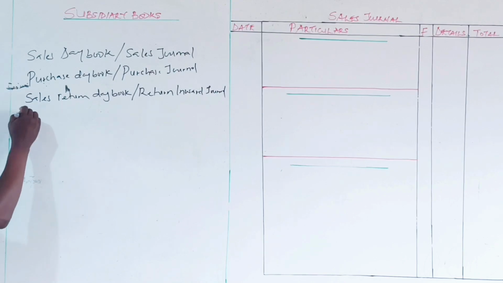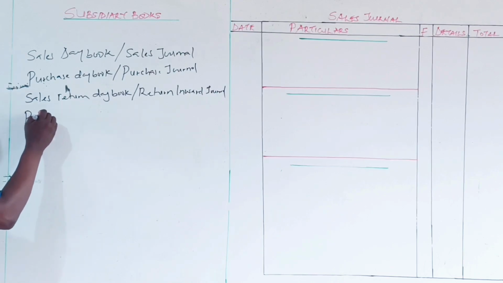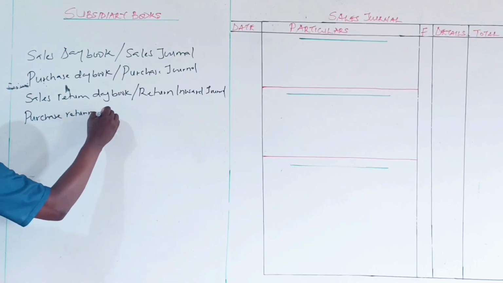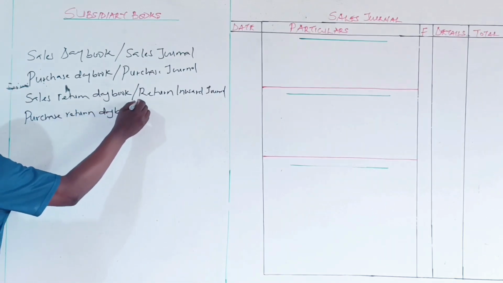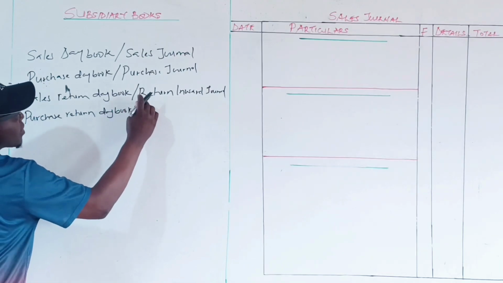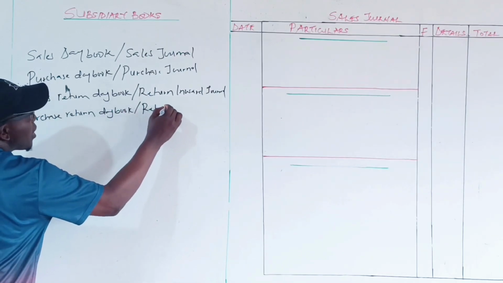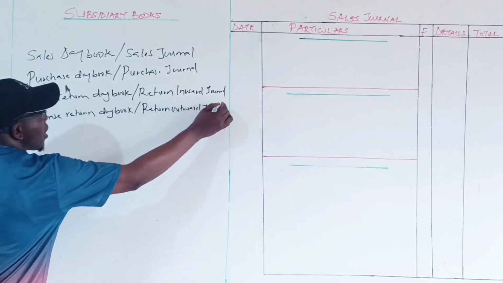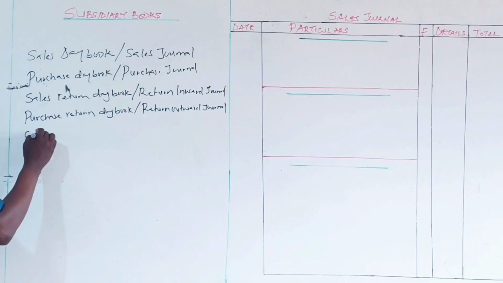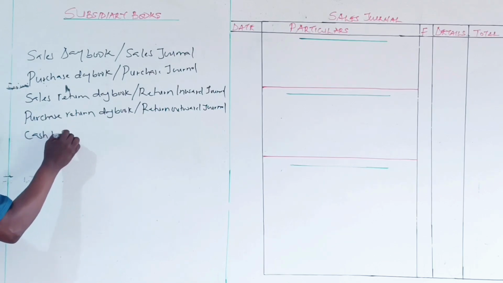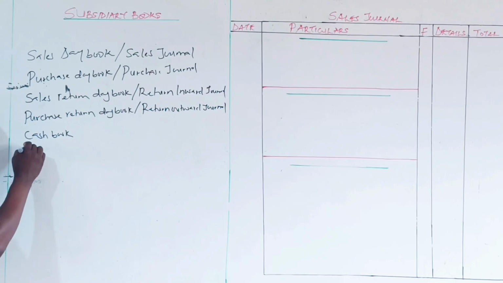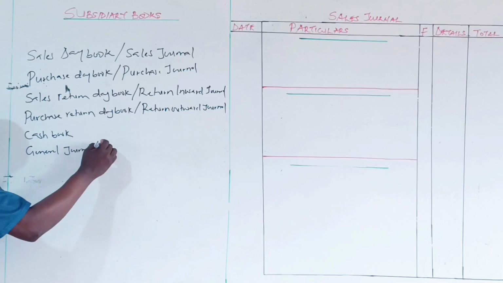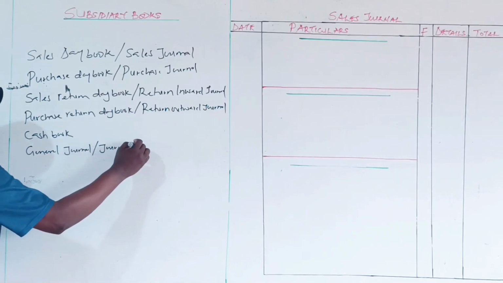We also have the purchase return day book, or the purchase return or return outward journal. We have the cash book. We have the general journal, or journal proper.